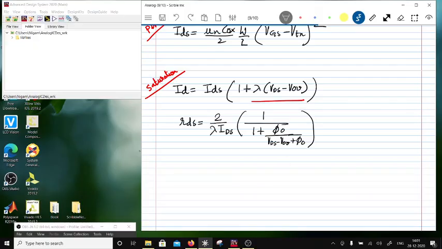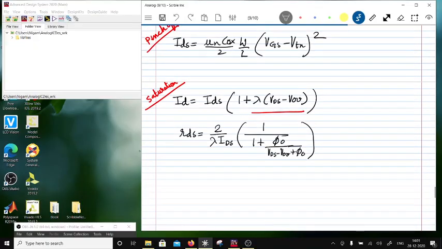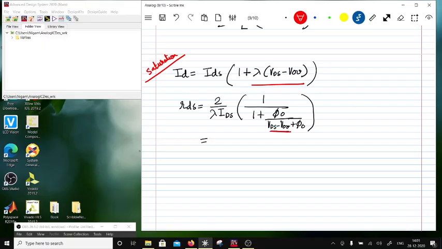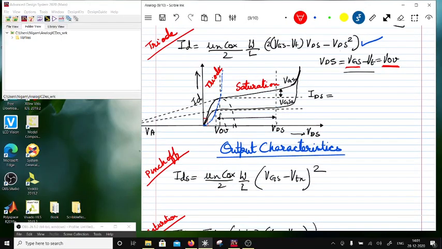So what does this mean? It means the following. At pinch off, this number is going to be 0. In that case, this would become approximately equal to 1 divided by lambda times IDS. So at this point, the slope is going to be like this.